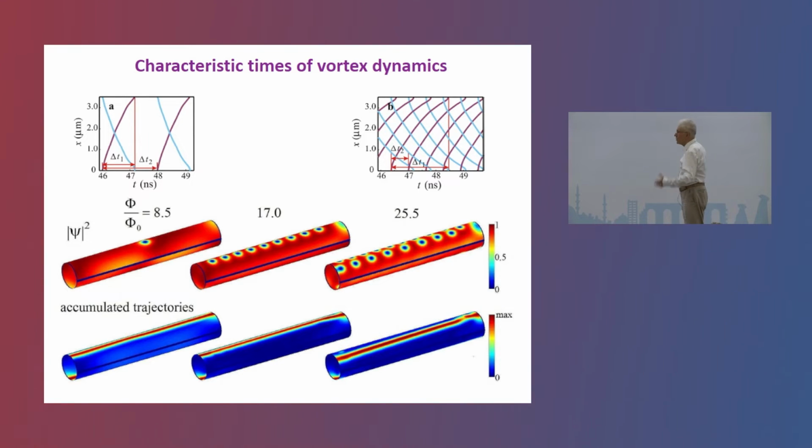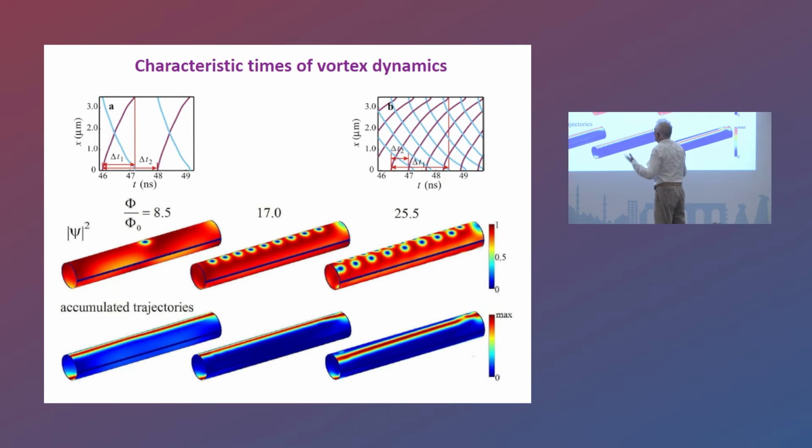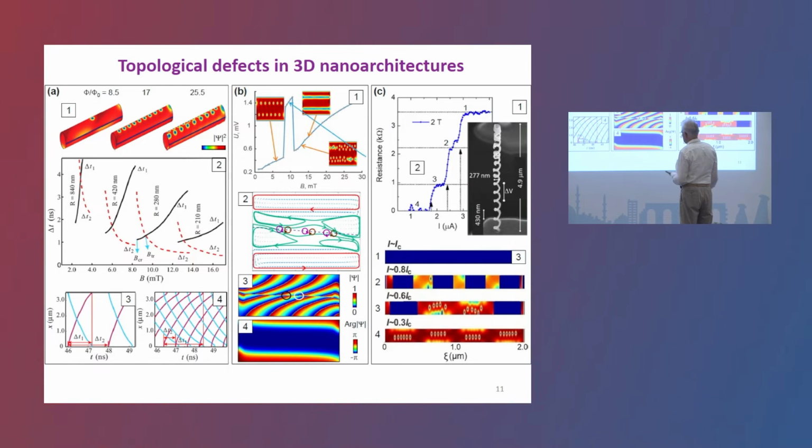And depending on the ratio between these two times, we can have a sparse vortex regime like here, or a dense vortex regime like here. Please, next one.